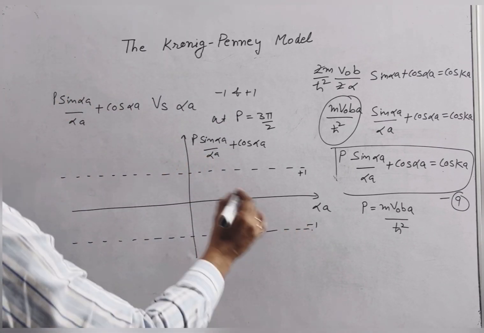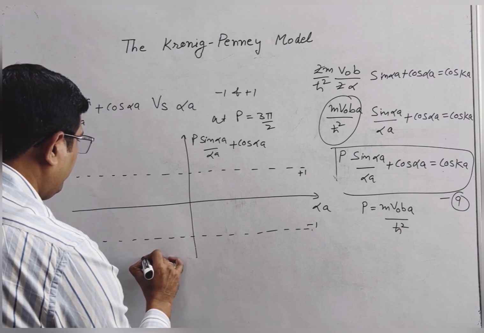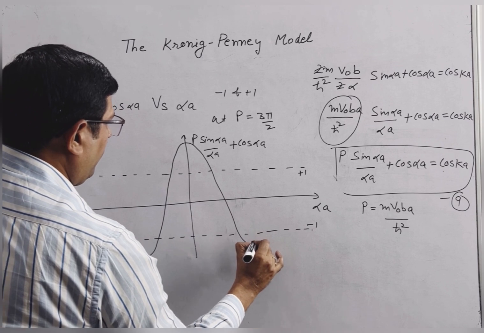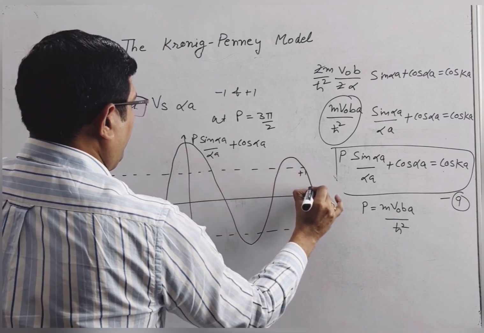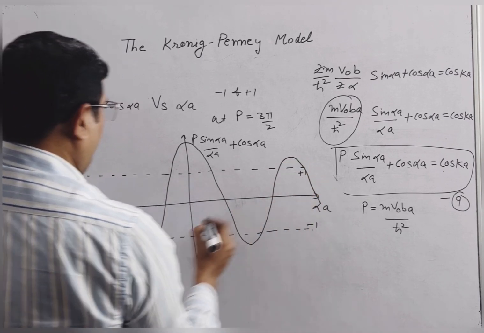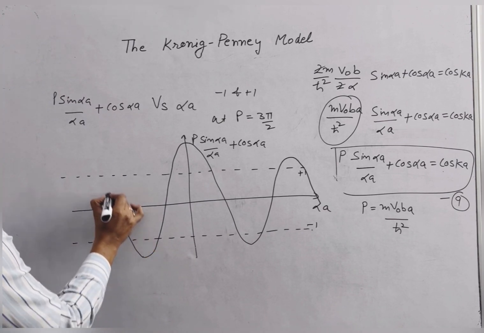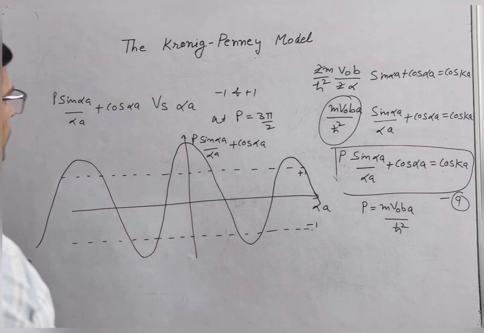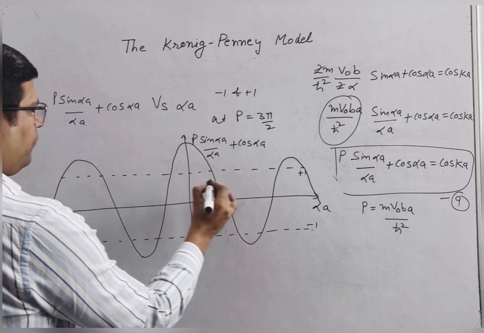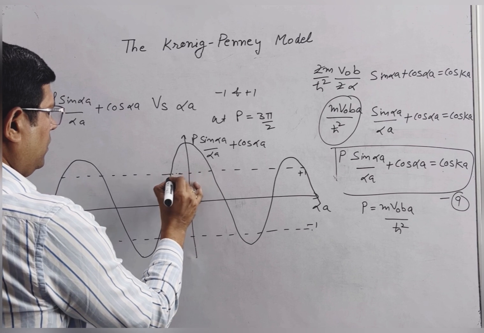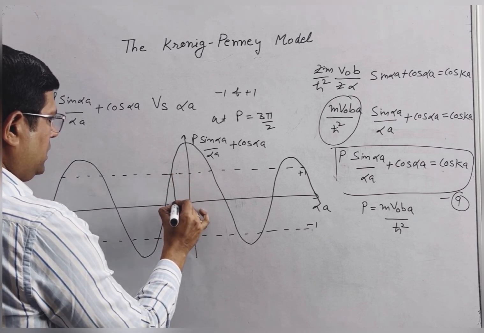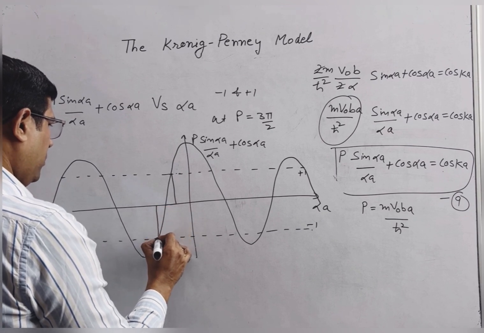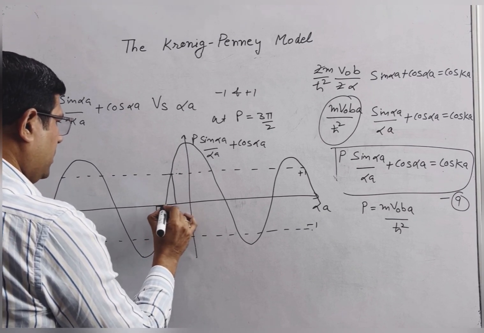Now, the plot will be like this, and so on. Now, only these values are permissible.